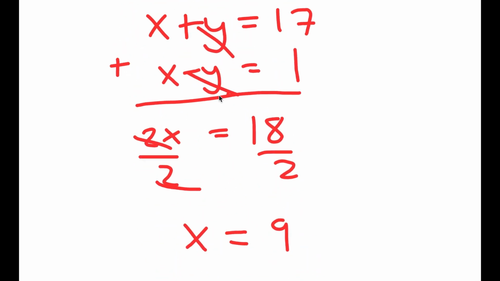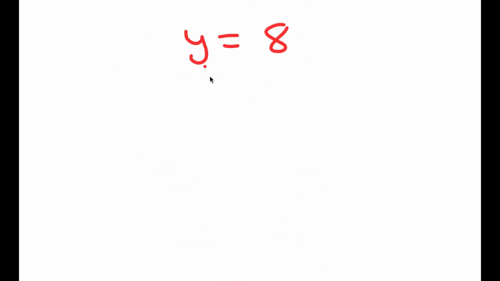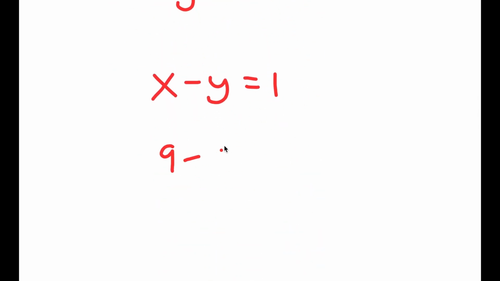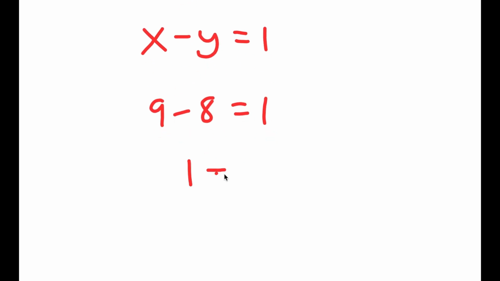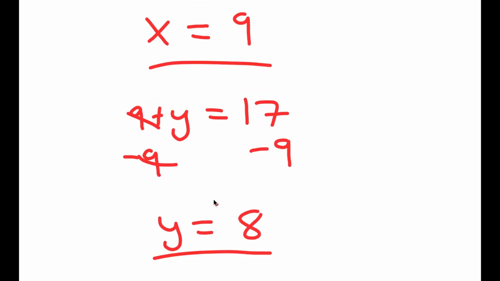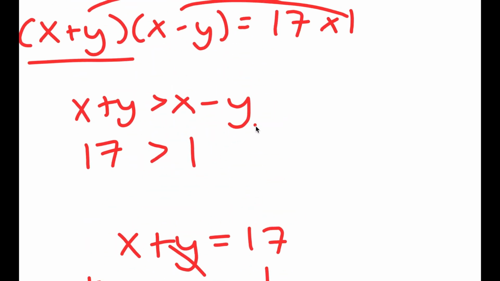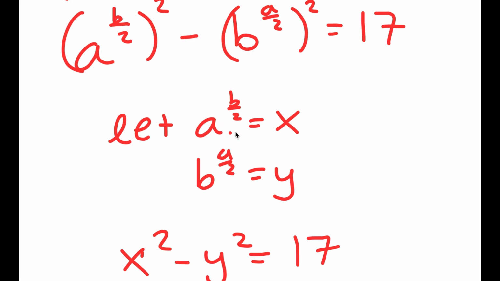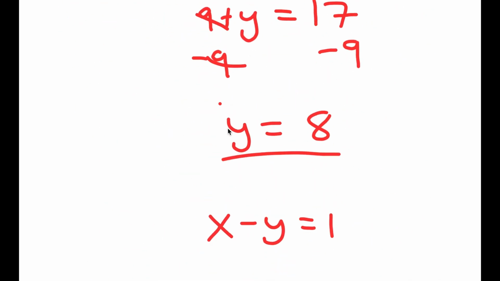And we can even check this on my second equation over here. It says x minus y is equal to 1. x is 9, y is 8. 9 minus 8 is 1. So we know that these two values are right. All right. So now that we have our values of x and y, what I'm going to do is go back over here and let me write these over here.